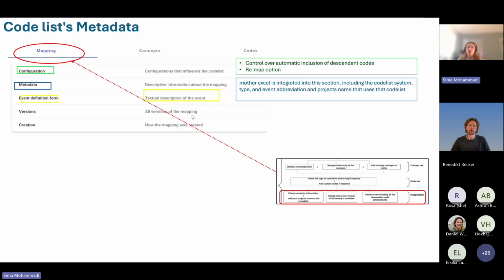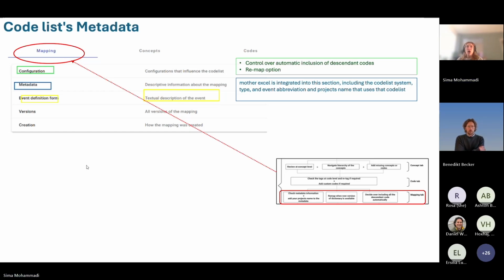We are in the process of integrating event definition forms because we have them in Zenodo and the Brighton Collaboration, scattered, but now we are transitioning them here as a kind of metadata.